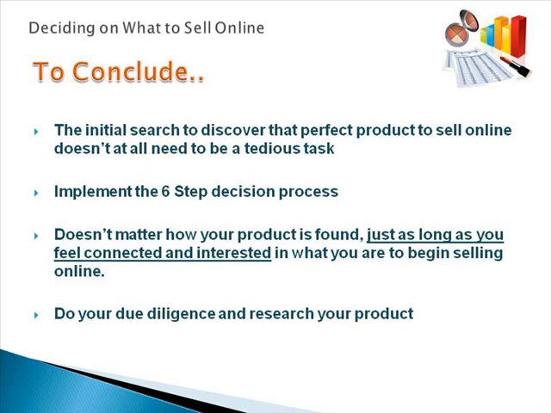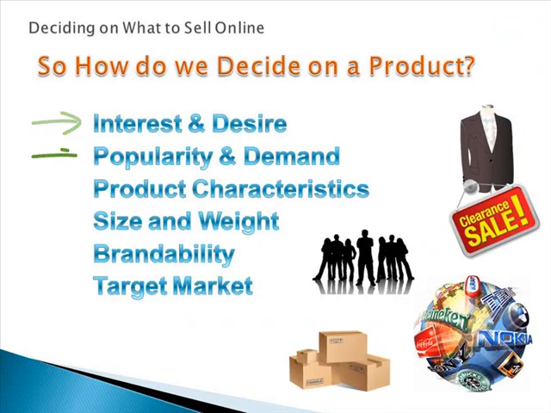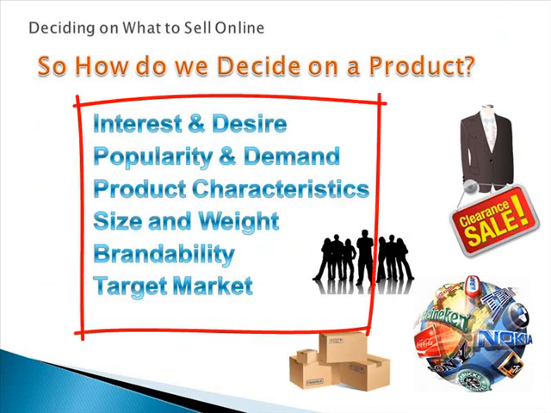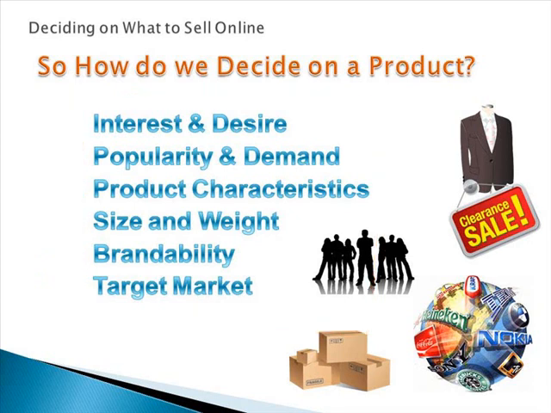You'll need to remember that when deciding on the product, to make sure you implement the 6-step decision process, namely interest and desire, popularity and demand, product characteristics, size and weight, brandability, and target market. All these steps are extremely important when trying to decide on a product for your online business.